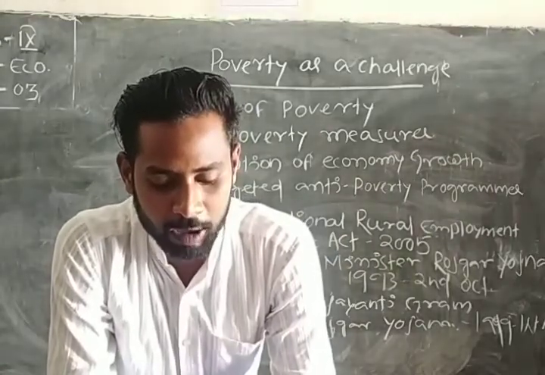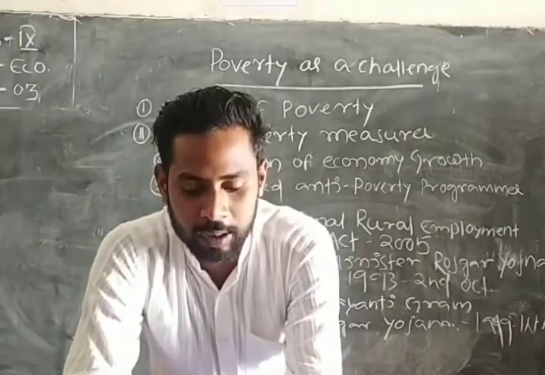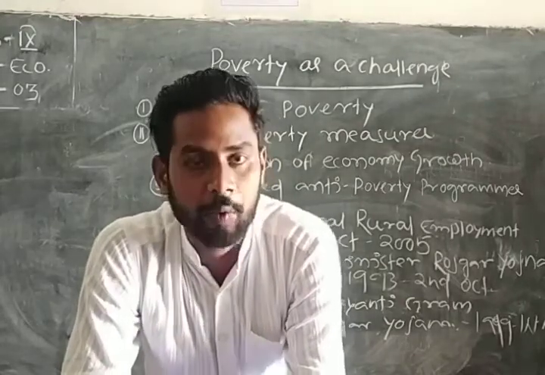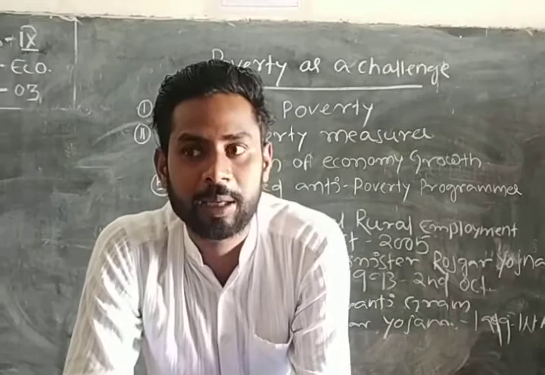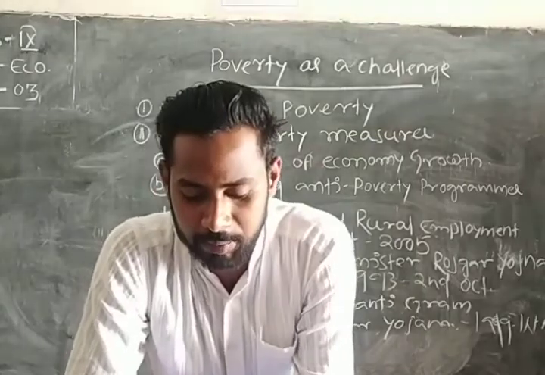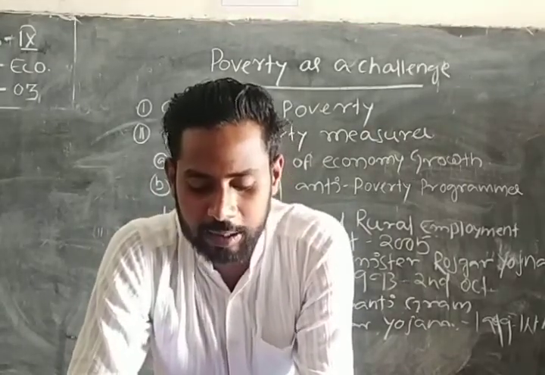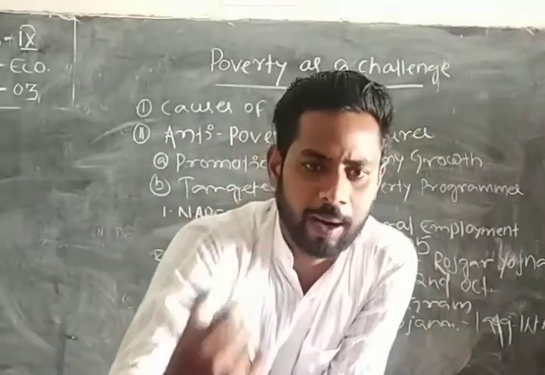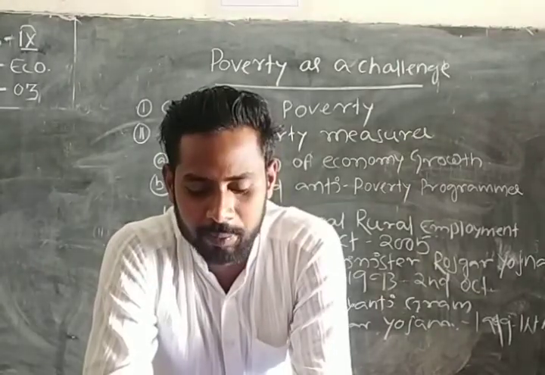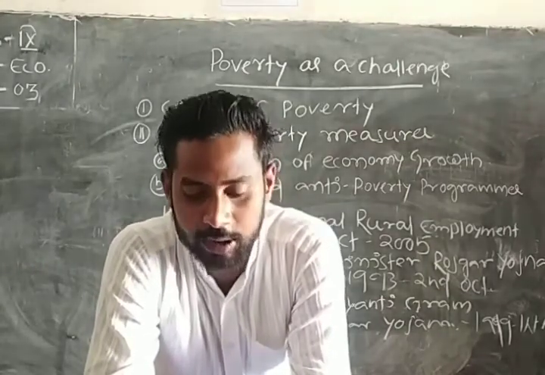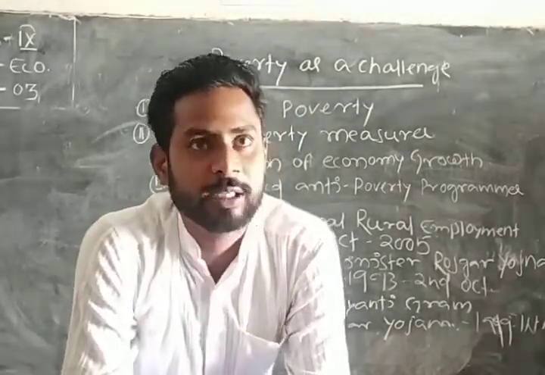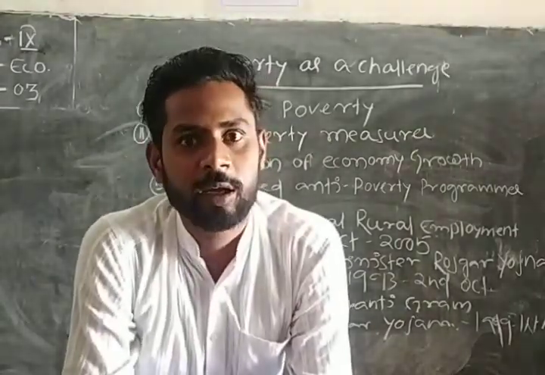So through the PMGY, or Pradhan Mantri Gramoday Yojana, the government of India launched this program in 2000, and the objective of the program is to provide minimum livelihood, or minimum basic necessities of the people in the 5 critical areas of the primary sector, like primary health, primary education, shelter, drinking water or water facilities, as well as the electricity facility.